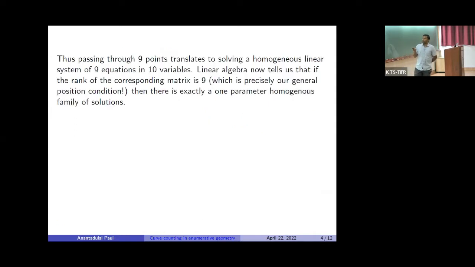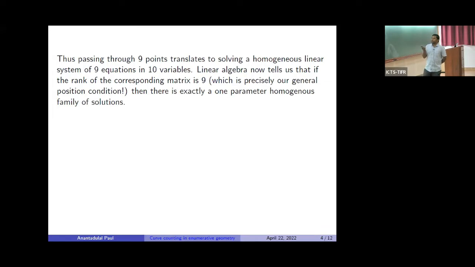And passing through 9 points, in linear algebra, gives you 9 equations in 10 variables, and you can see that this has a one-dimensional solution. But this is not always true. This is true provided your conditions are generic, which is basically that they intersect transversely. And if you want a projective solution, this is just 1 point, right?